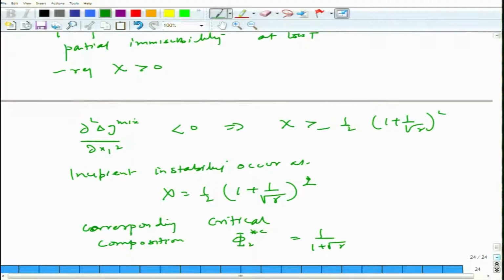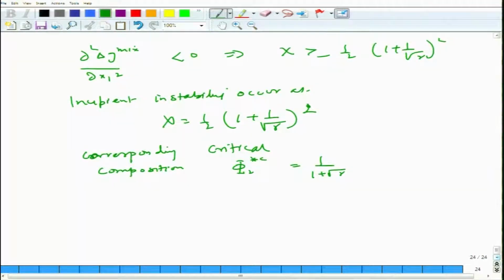So, this comes directly from this analysis. Let me make just a few last comments. If you put r equal to 1, this will give us the same analysis as done for the Margules equation.